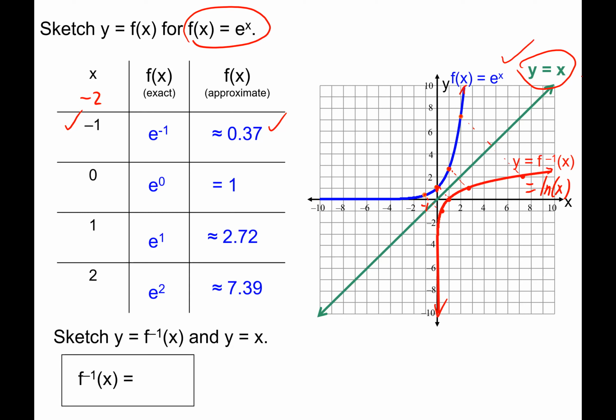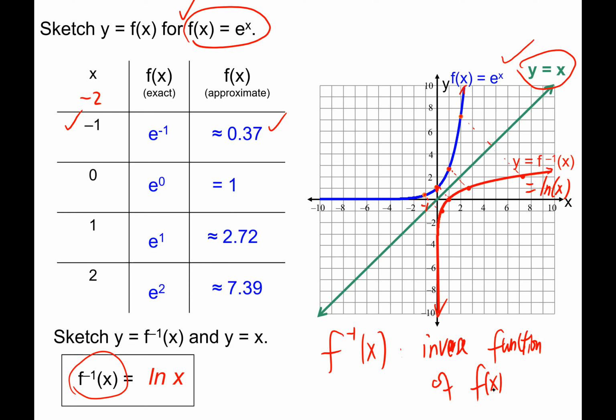And yeah, the inverse function of an exponent with base e is the natural logarithm function. Okay. So then they are inverses of each other. f^-1(x) is called the inverse function of f(x). And that's why we have this ln of e to the x.